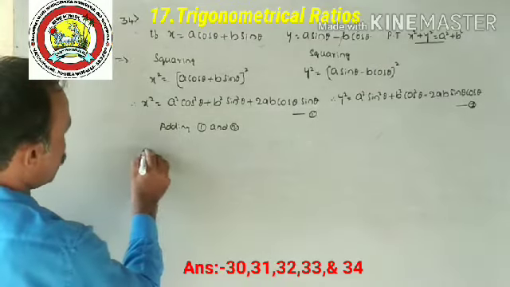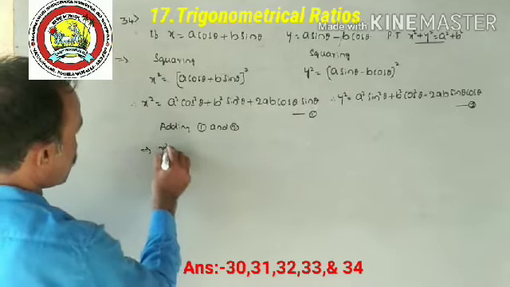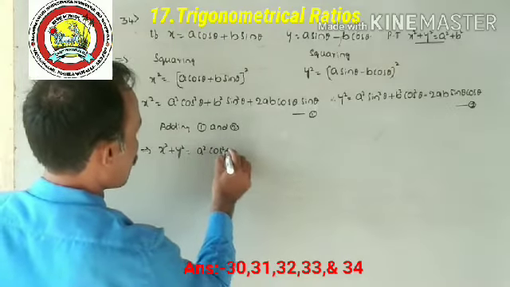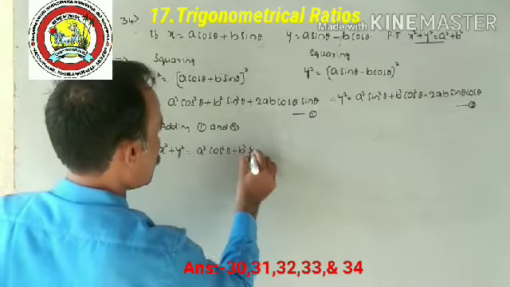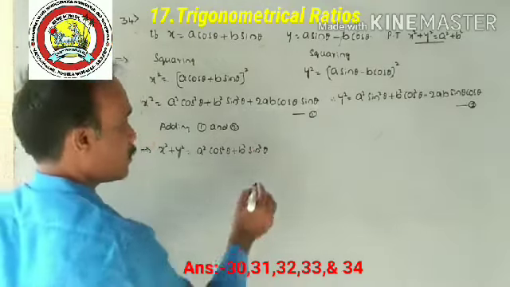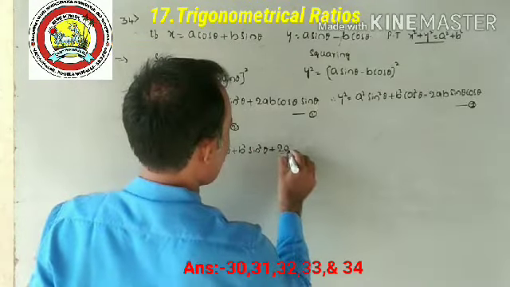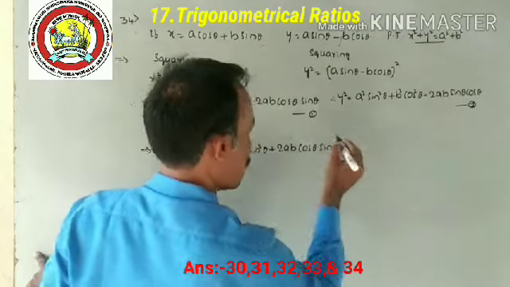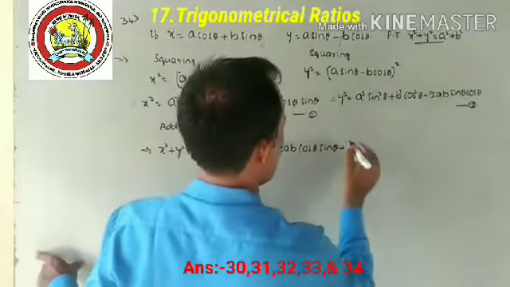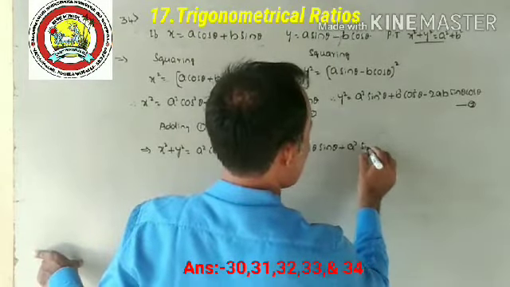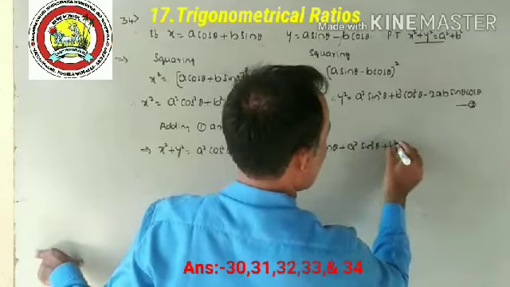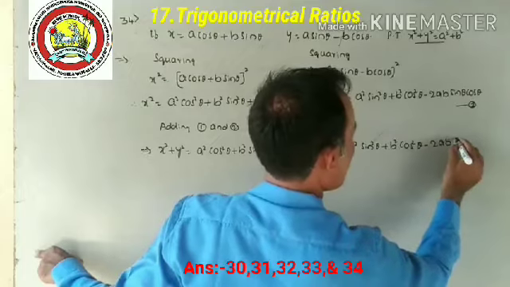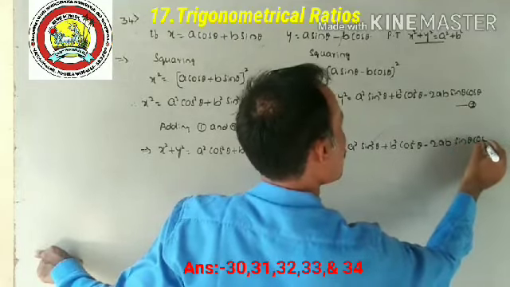As LHS part implies x square plus y square is equal to a square cos square theta plus b square sin square theta plus 2ab cos theta sin theta, plus next y square value, a square sin square theta plus b square cos square theta minus 2ab sin theta cos theta.